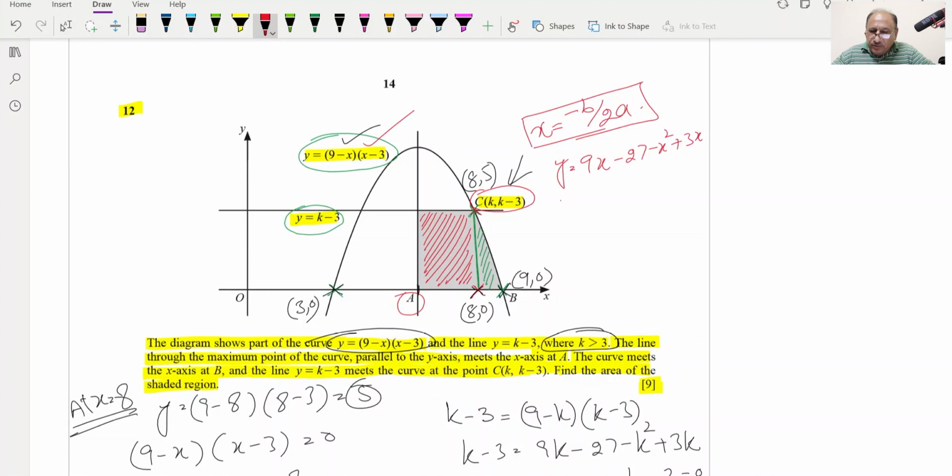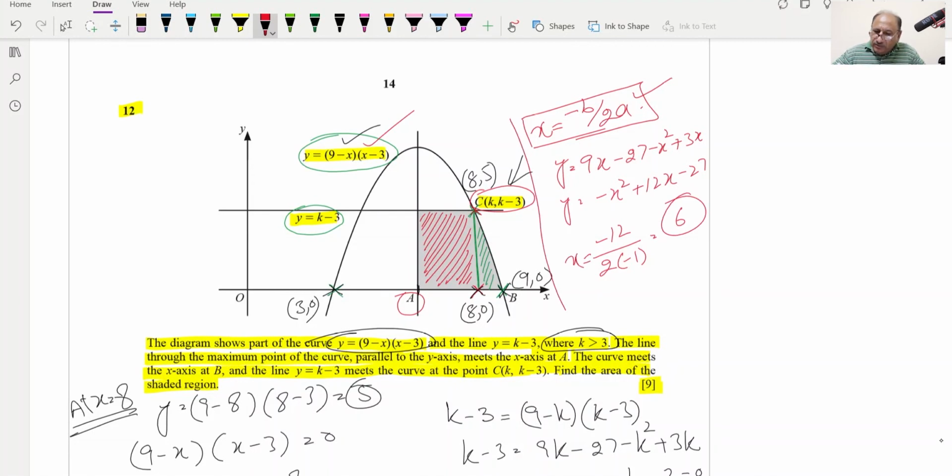So y will be equal to minus x squared, and 9 plus 3 will be 12, so plus 12x and minus 27. This will be the quadratic equation. So we can check for minus b over 2a. Minus b will be minus 12, over 2a will be minus 2, so this will be equal to minus 12 over minus 2, which is equal to 6. So the x value will be equal to 6.